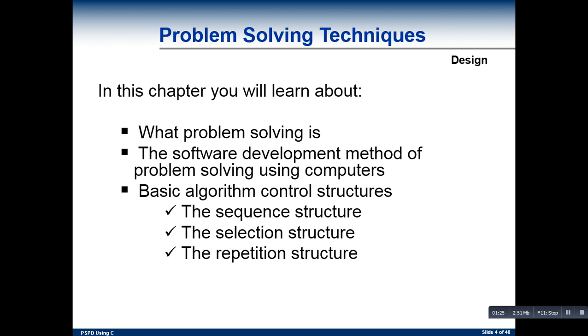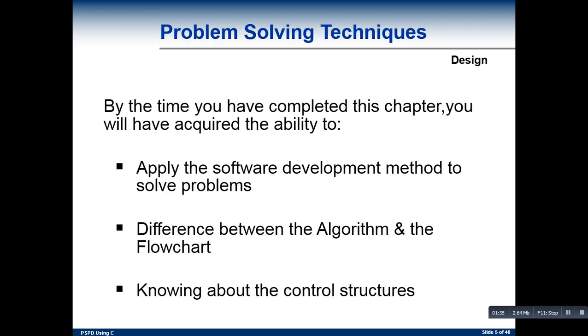First one is the sequence structure, second is the selection structure, and third one is the repetition structure. By the time you have completed this chapter, you will have acquired the ability to apply the software development method to solve problems, the difference between the algorithm and the flowchart, and knowing about the control structure.